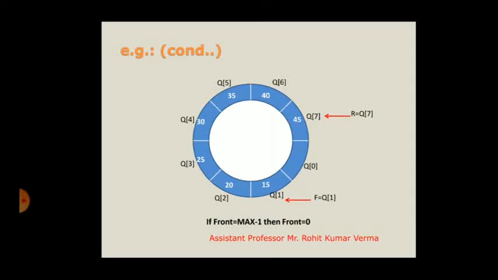In that case, what happens? You have to set your front at 0th. Whatever you are performing, you have to follow the conditions. And in case of deletion, you have to set your main focus at the front pointer.